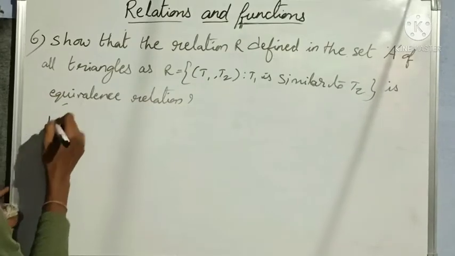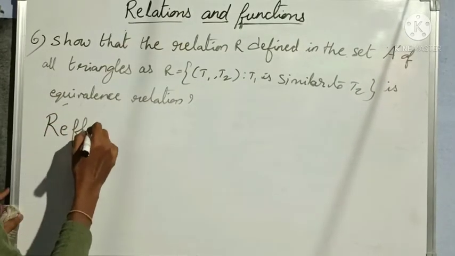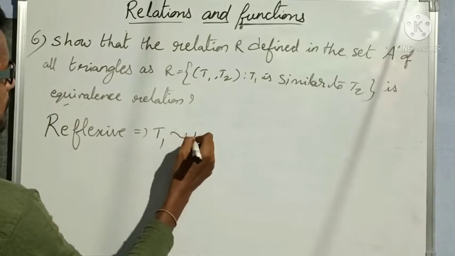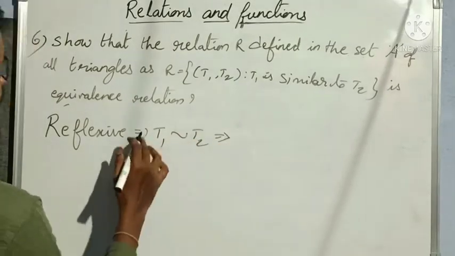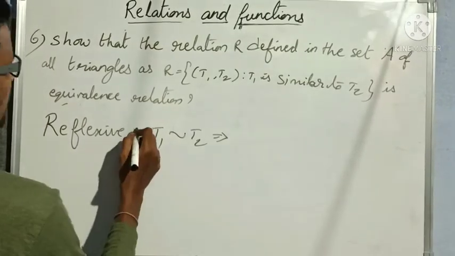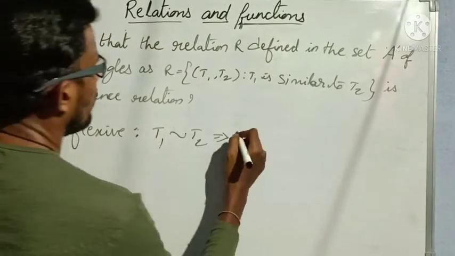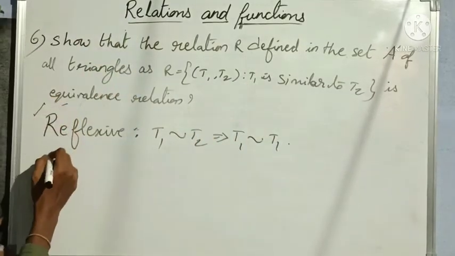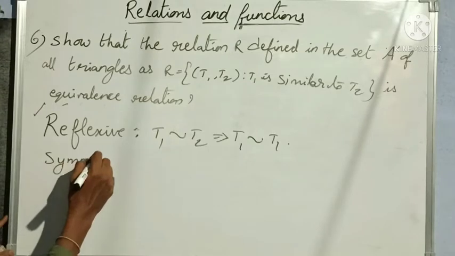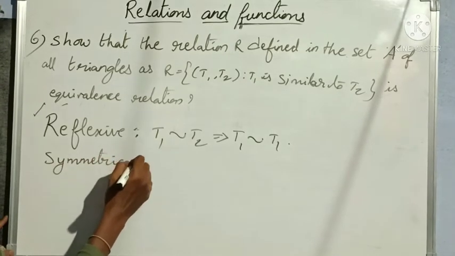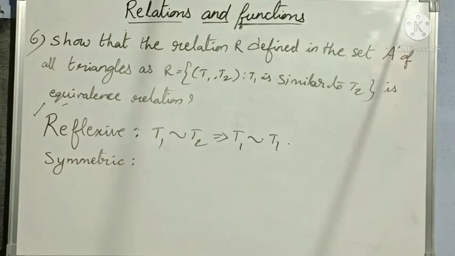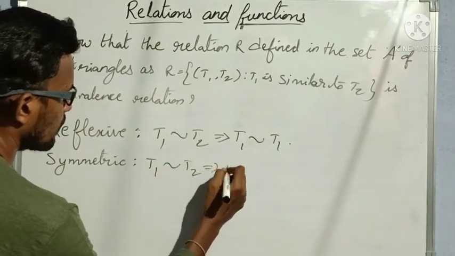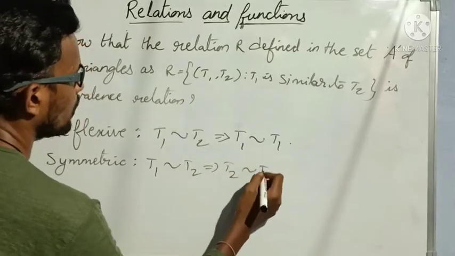So first, relation is reflexive implies T1 similar to T2 implies T1 is similar to T1. Yes, this is true. Next, symmetric. So every triangle is reflexive about itself, means similar to the same triangle. So now symmetric, T1 similar to T2 implies T2 is similar to T1.